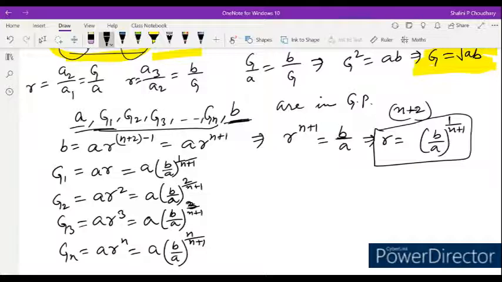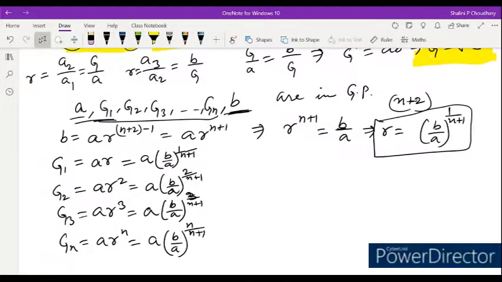So we can find out the values we are inserting between A and B. Two terms we have taken, the first and the last term, and in between we have inserted n terms. So total number will be n plus 2. The GP series will have n plus 2 terms. Now we can find out all the inserted values, G1 to Gn.